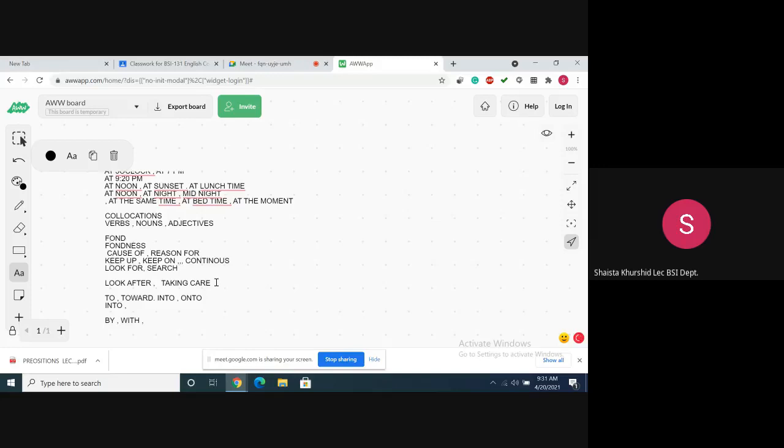For example, the tub is filled with water. Or the play is written by Shakespeare.